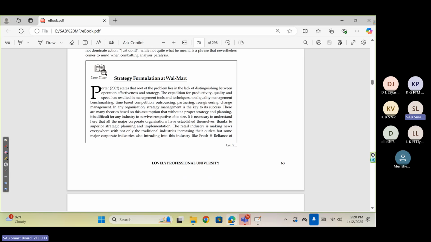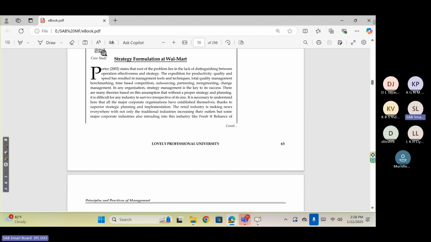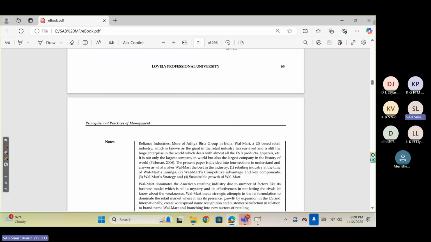The retail industry is making news everywhere, with not only the traditional industries increasing their outlets, but some major corporate industries also intruding into the industry, like Reliance industry, more of Aditya Birla Group in India.